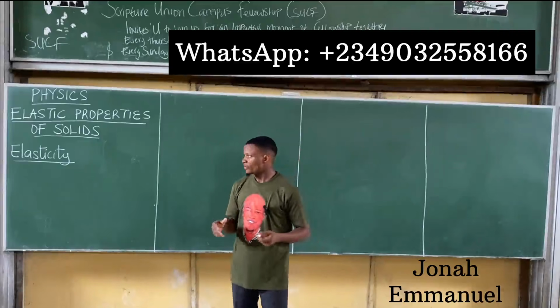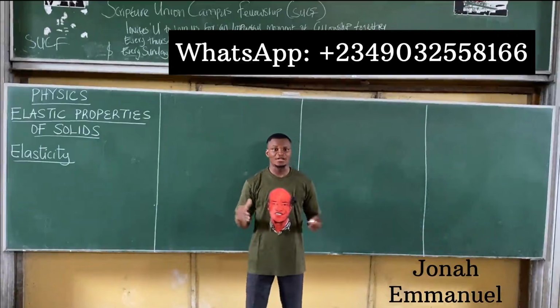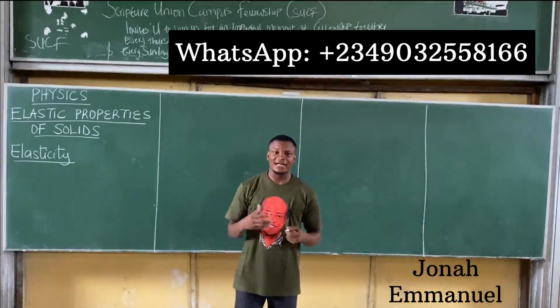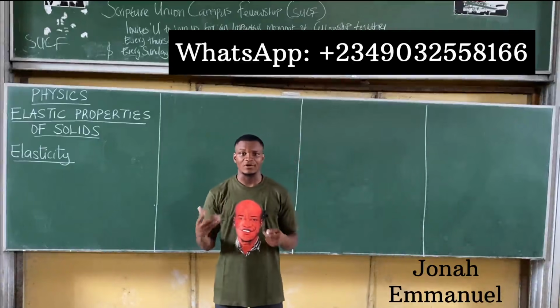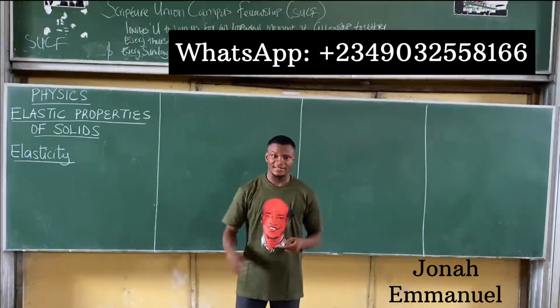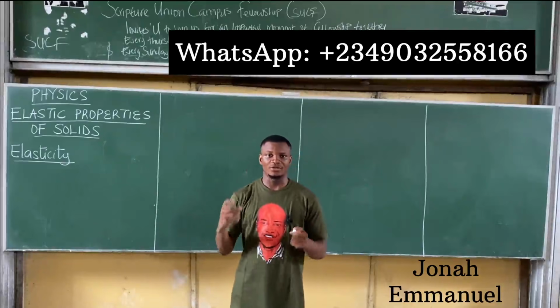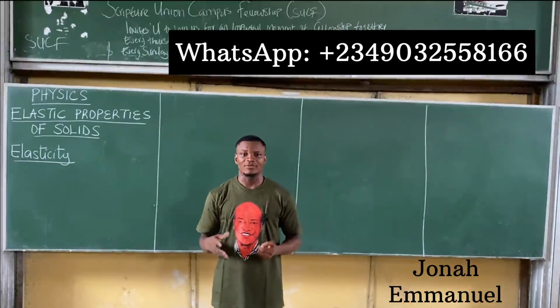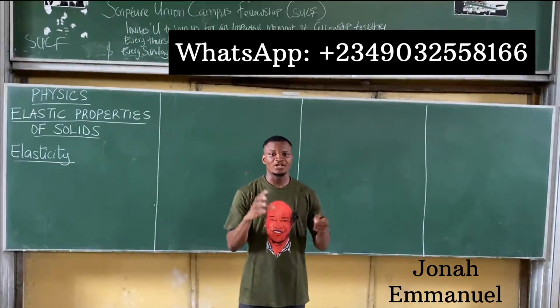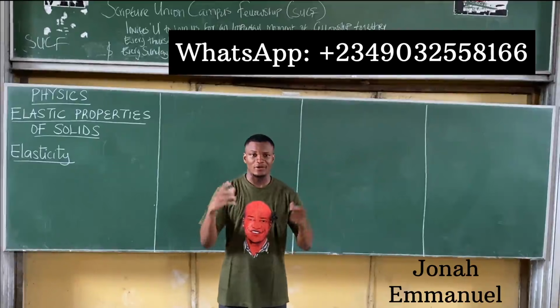Okay? The ability of a solid to regain its original shape and size after it has been distorted by a force is called elasticity. When we say the word distorted, what does distort mean? To distort simply means to change the original shape or size of an object.